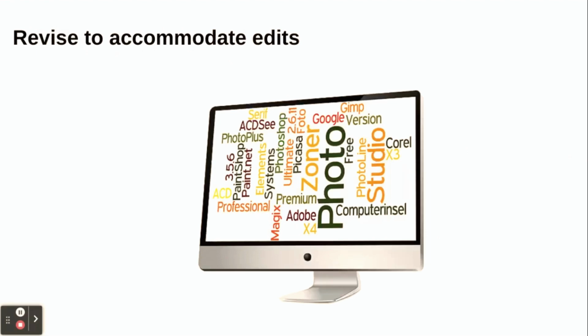Revise to accommodate edits. And you might be like, what? Have you ever seen like really bad Photoshop where things don't line up? And you're like, that's horrible. Revision is the same way. Make sure once you do a revision that the rest of that paragraph and the essay line up. Make sure if you changed a word that you didn't change maybe the verb tense or that you didn't change the number, make sure all that's still in agreement.